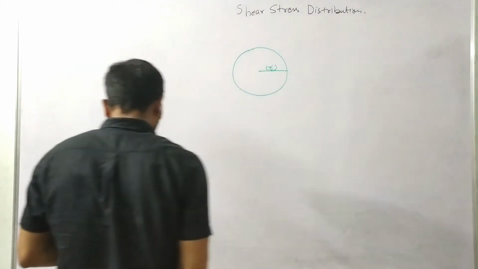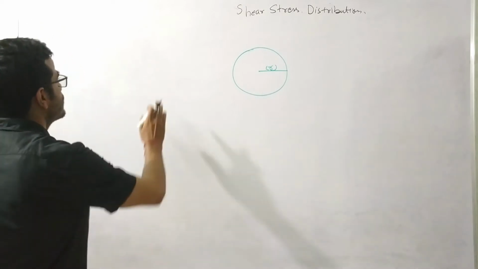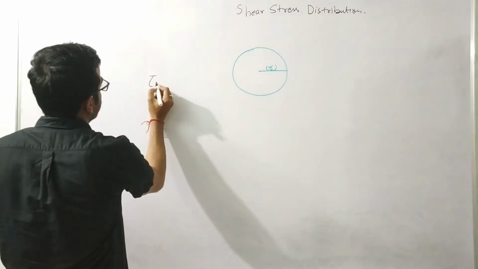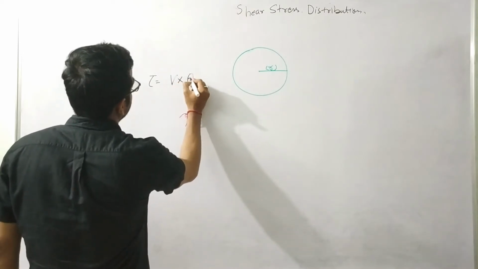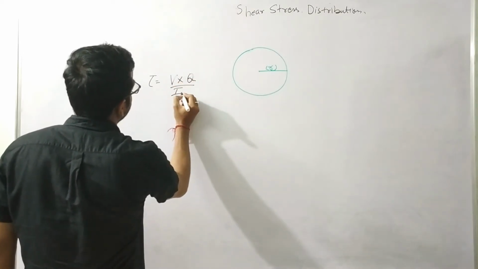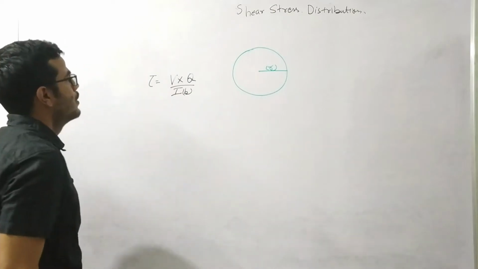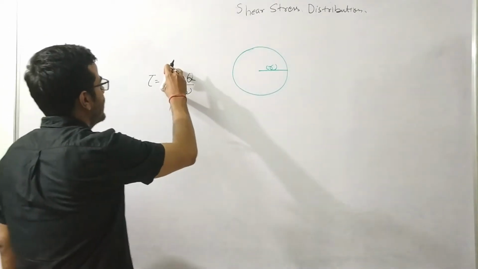We have derived the formula for calculation of the shear stress, which is tau equals shear force V into Q over I into B, where V is the shear force at that cross section.